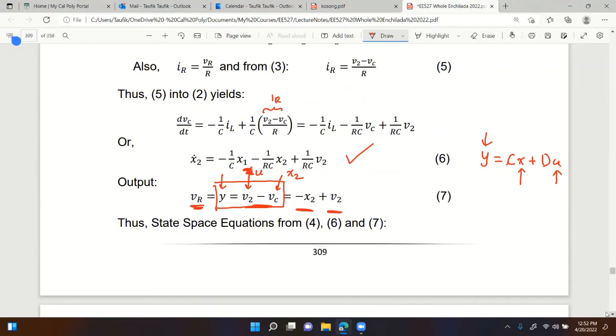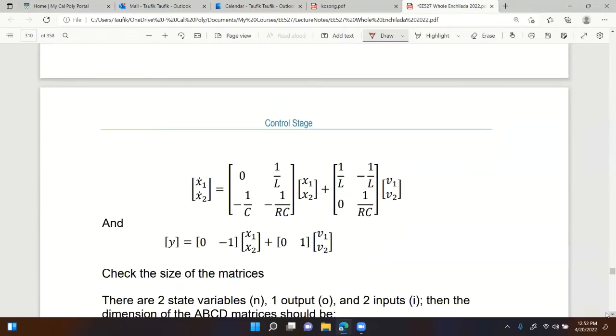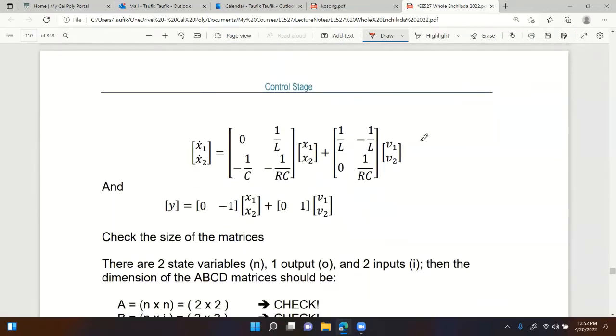From here, you have the three equations that you need, and you just transform those into matrix equations right there. What did I say about the size of the matrices? I forgot now. A, because it's two state variables, it should be 2 by 2. That's what I have, 2 by 2.